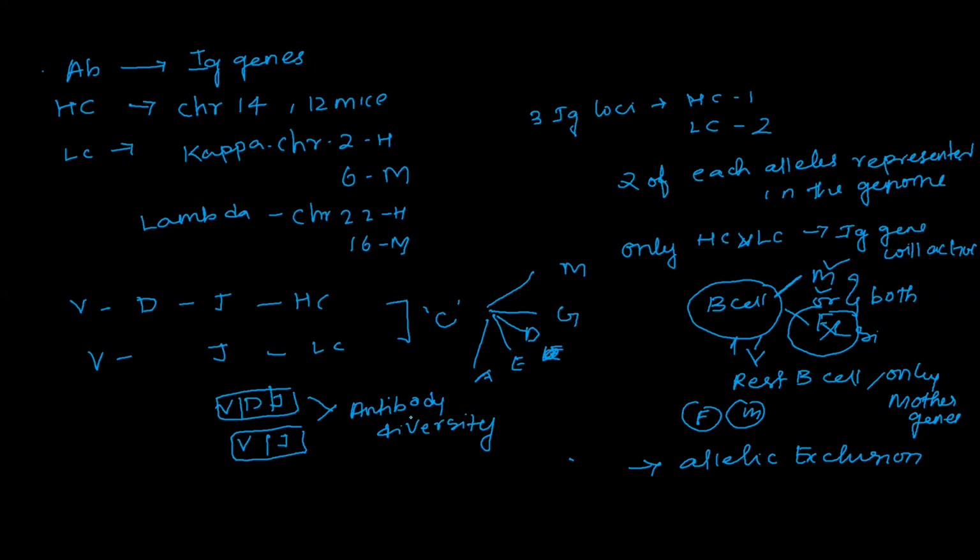We also know that the combination of VDJ and VJ is required, and only then can the genes become functional. So you can say that the immunoglobulin genes found in the genome are not functional, and they need to be activated to produce the antibodies.